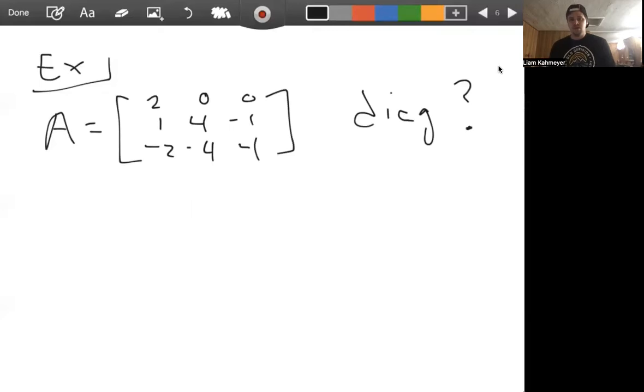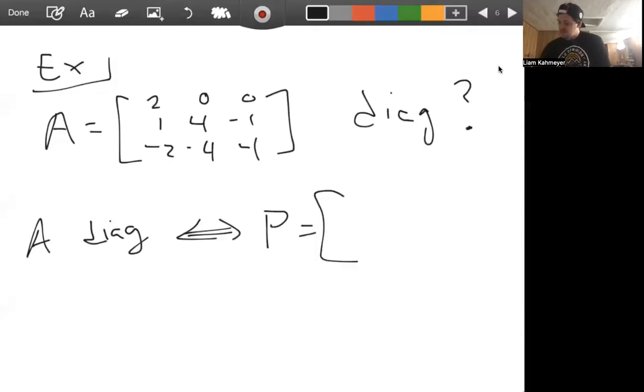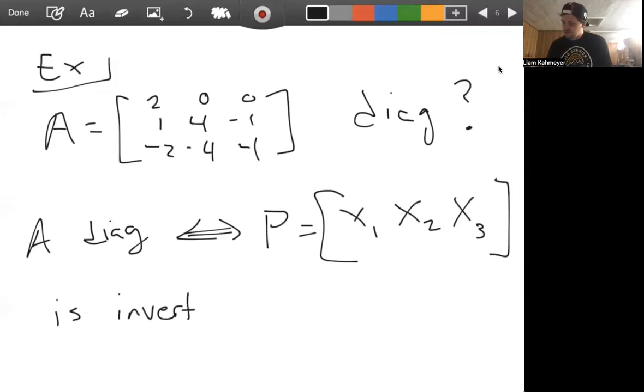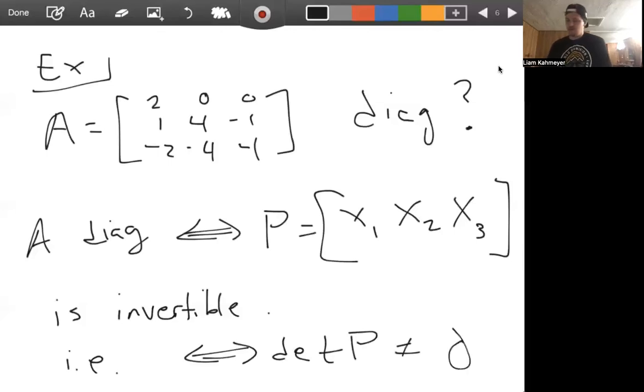Well, A is diagonalizable if and only if the matrix P, which is x1, x2, x3, is invertible, i.e., if and only if the determinant of P is non-zero, right?